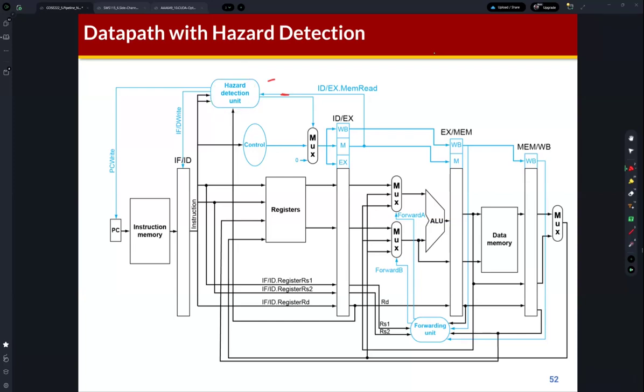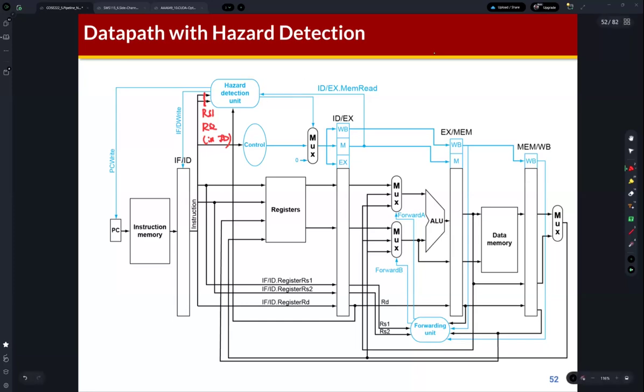Then what are the input signals of this hazard detection unit? As I mentioned, we need to compare RS1 and RS2 in the ID stage, right? And then what are the other inputs?